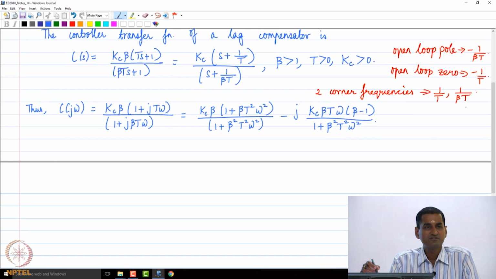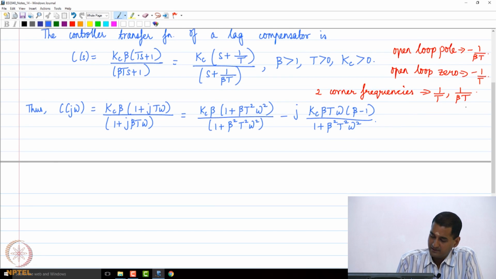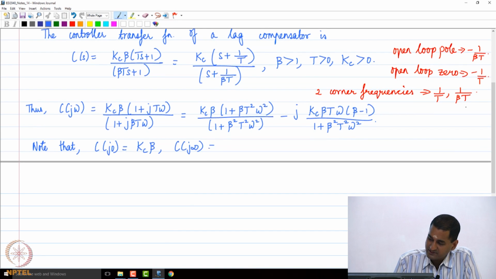Pretty straightforward. I am sure all of us are familiar with this process by now. I am just multiplying and dividing with the conjugate of the denominator. We can immediately note that as omega tends to 0, the transfer function essentially tends to Kc beta, and as omega tends to infinity, the transfer function tends to Kc.